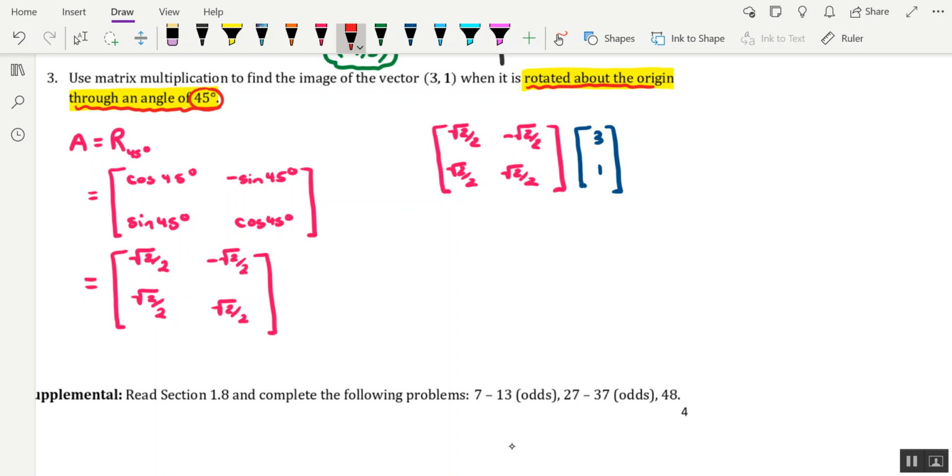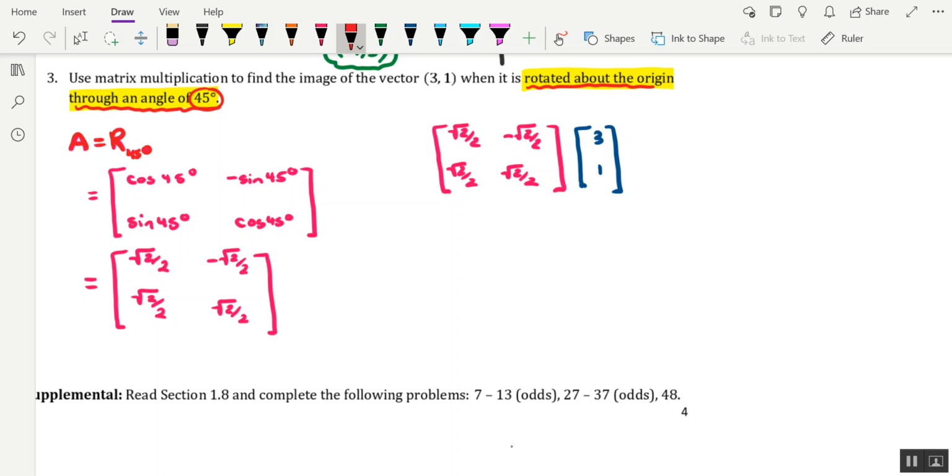And so that required us finding standard matrix A, which amounts to figuring out what r of 45 degrees is, or r sub 45 degrees. And so to recap that, we use the trig version of r sub theta with 45 degrees plugged in for theta and simplified.